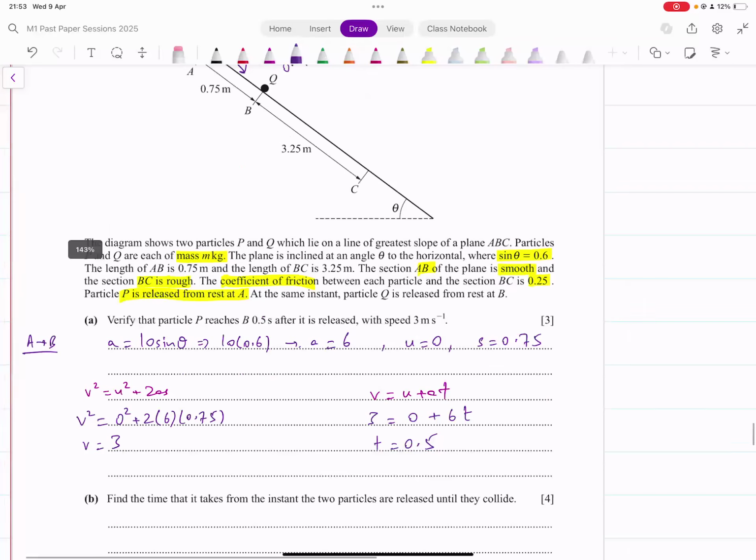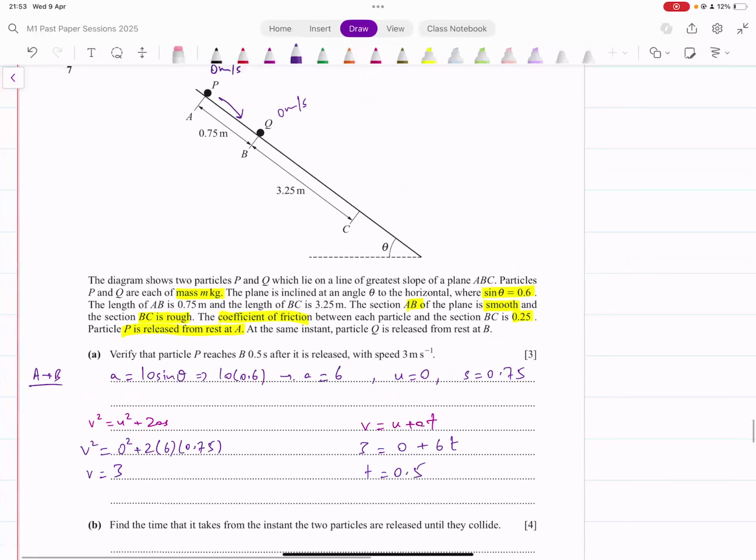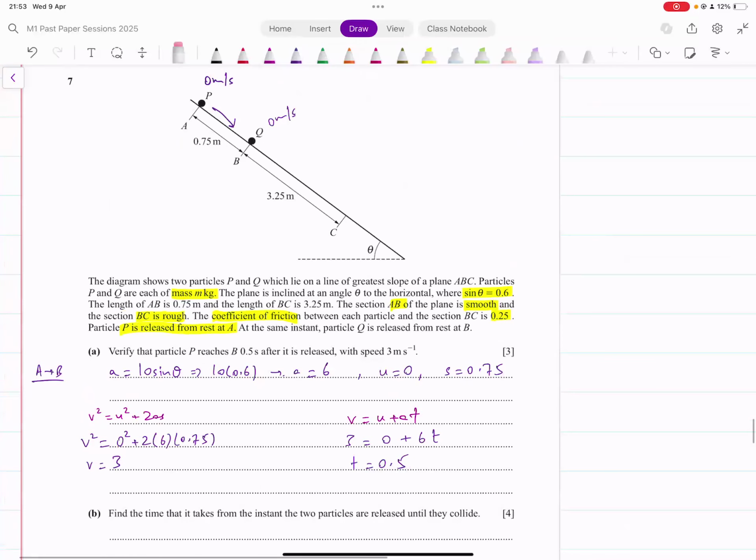Now, how do we think about this? You see, P starts its journey from this point, and it starts moving downwards. Q starts its journey from this point, and this is also moving downwards. At some point, they're going to collide, because maybe P is moving faster. So let's say this is the point where they collide. Let's say this point is X. That's where the collision happens.